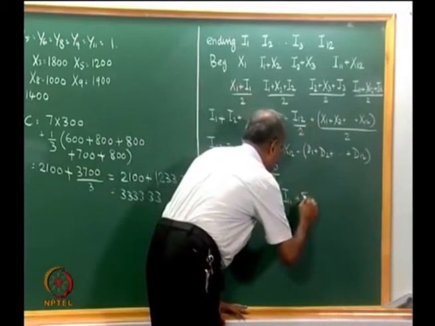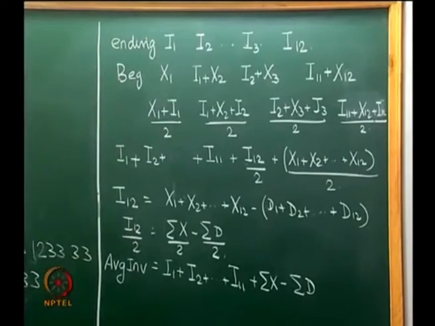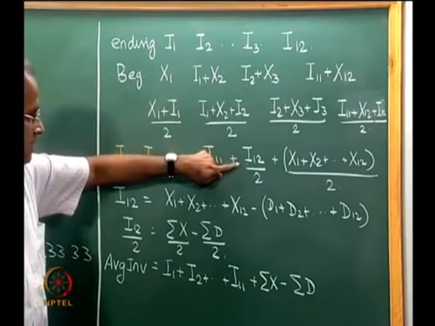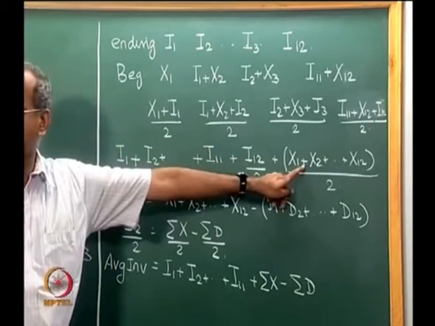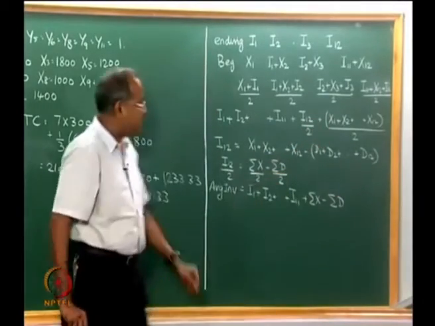So this will become plus sigma x minus sigma d, because there is a sigma x by 2 term that comes out of this, and this is another sigma x by 2 term. So, they add up to give you sigma x minus sigma d.